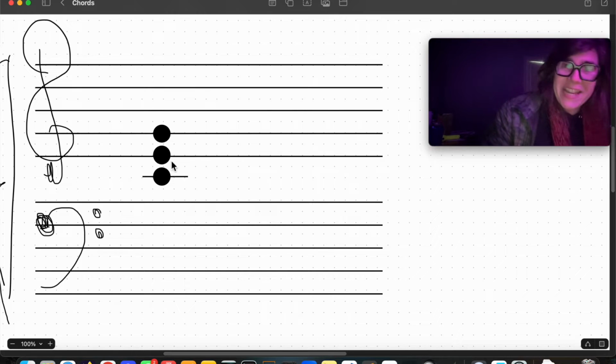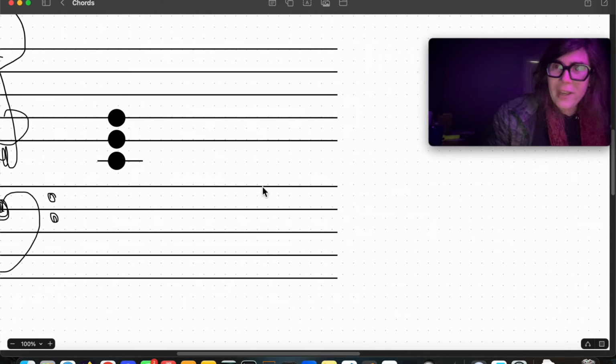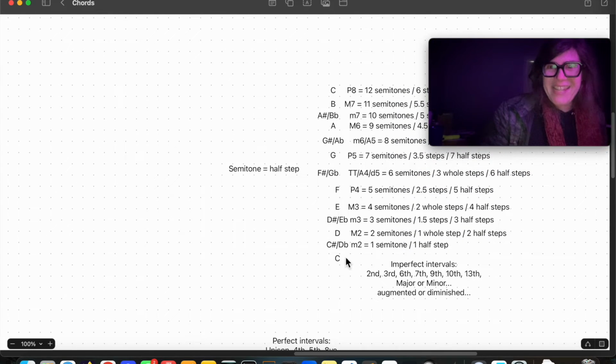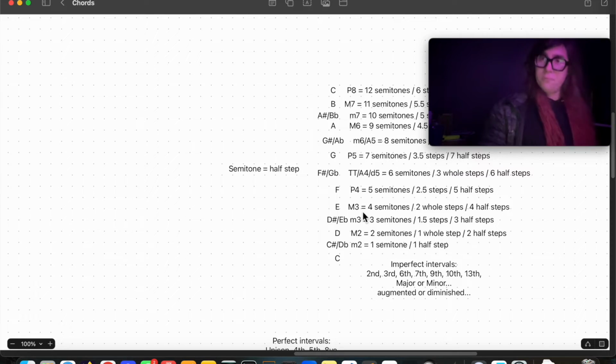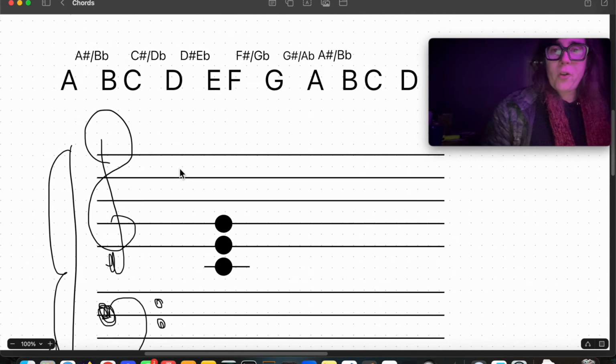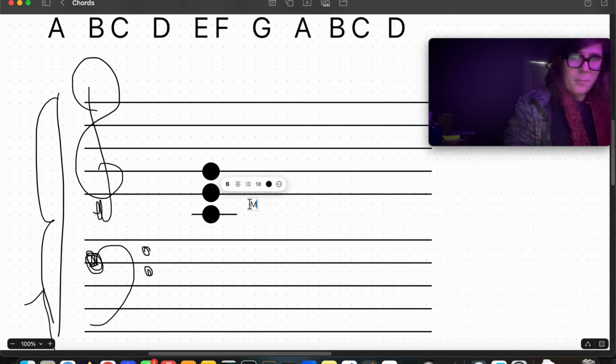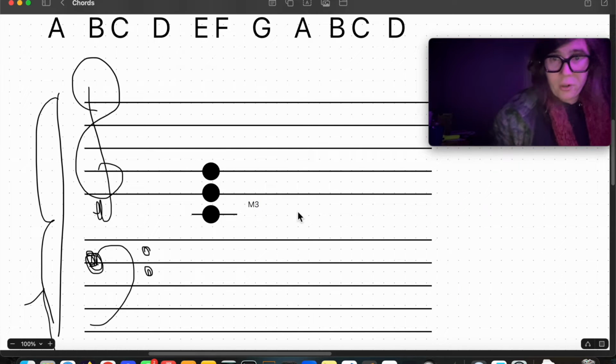So what is C to E? Well, I have our cheat sheet from last time off to the side here. C to E was a major third. Cool. So I'm going to write it right there, in between. We have a major third there between those two notes.